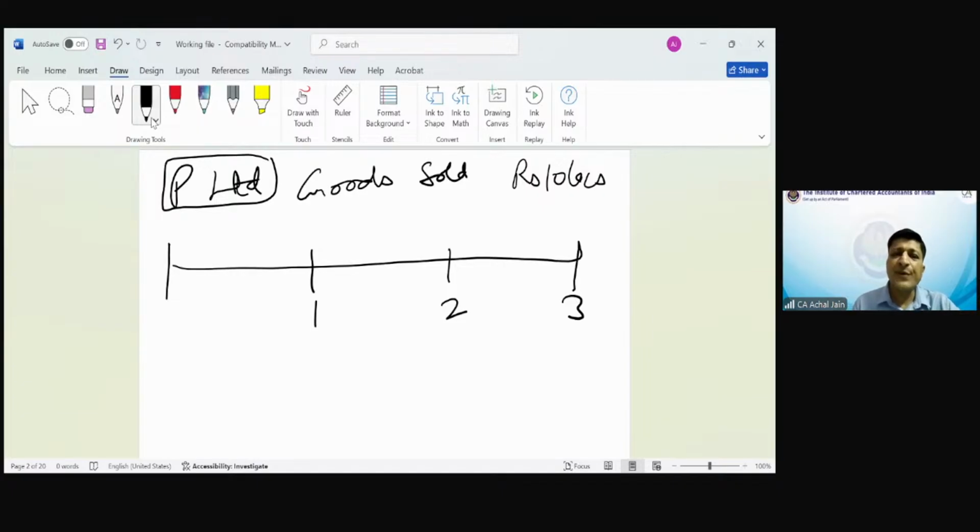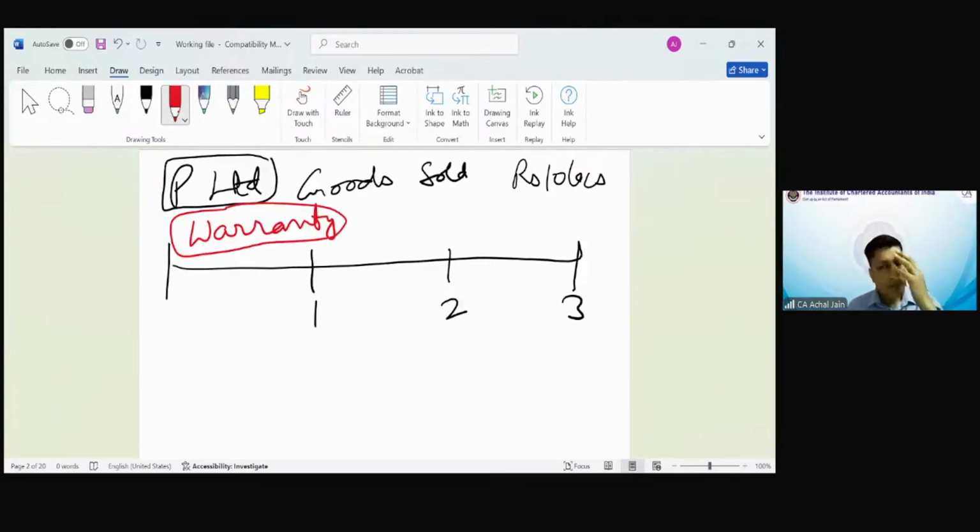So you can say it's a warranty. It's a warranty which has been provided by P for a period of next 3 years, right?